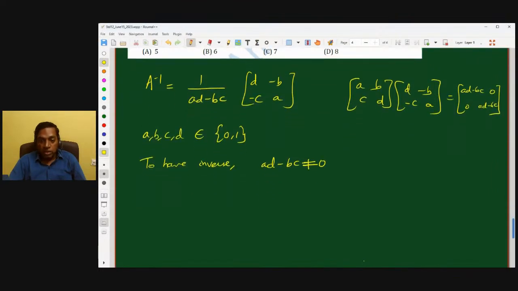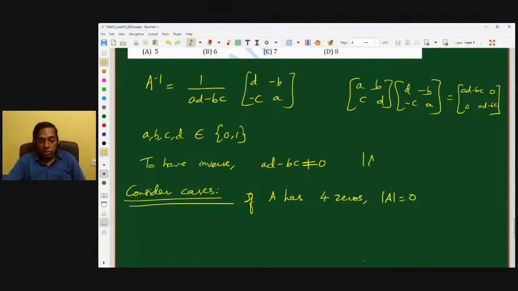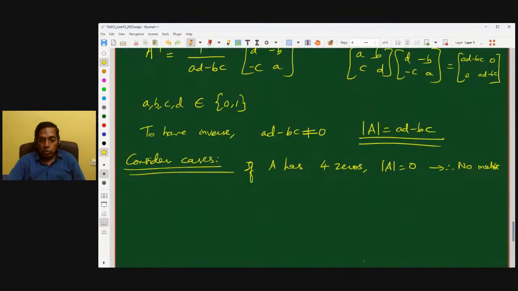Okay. Now let's consider cases. If A has 4 zeros, then determinant A is 0. Remember, determinant A is AD minus BC. Therefore, no matrix is possible, no matrix with inverse, because if determinant is 0, inverse does not exist.